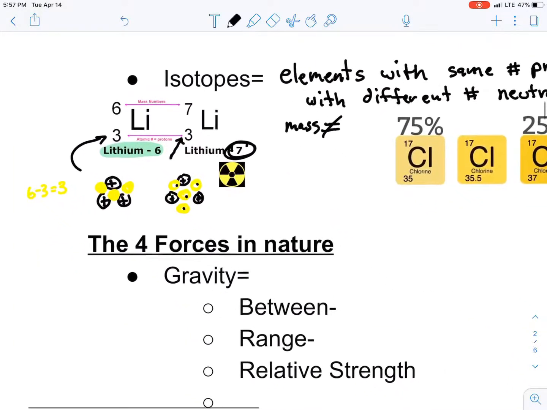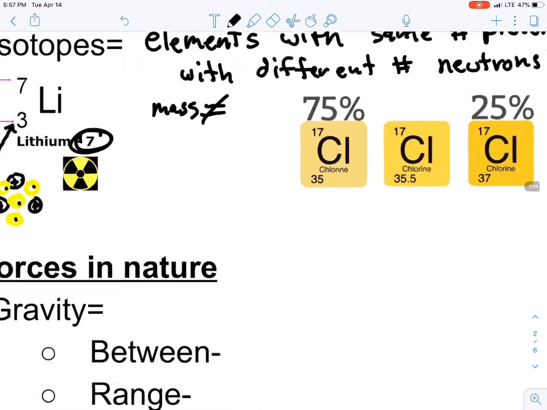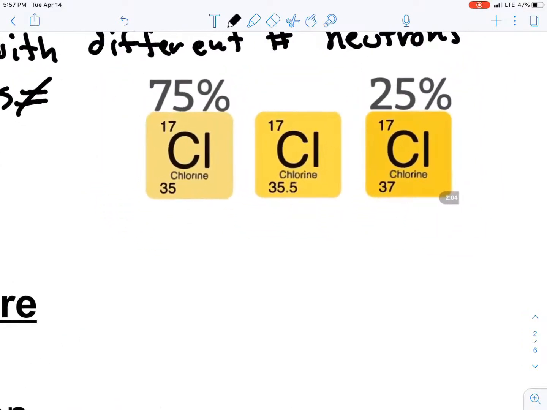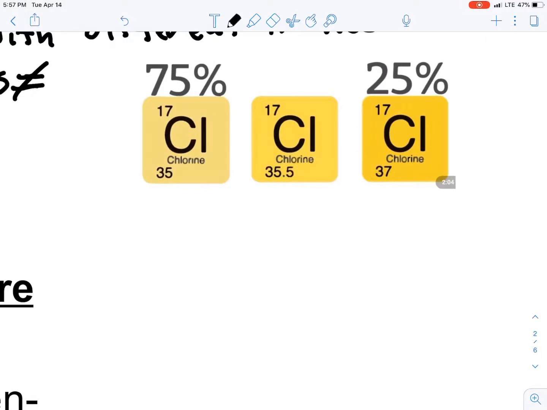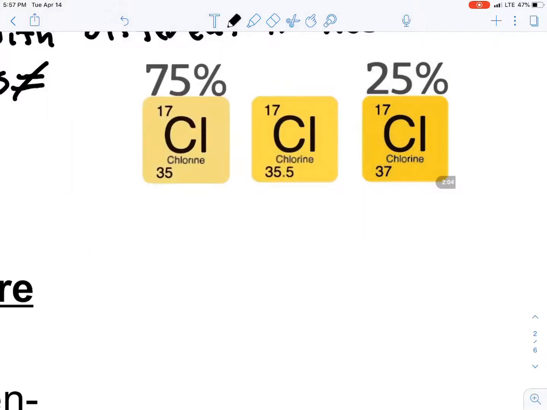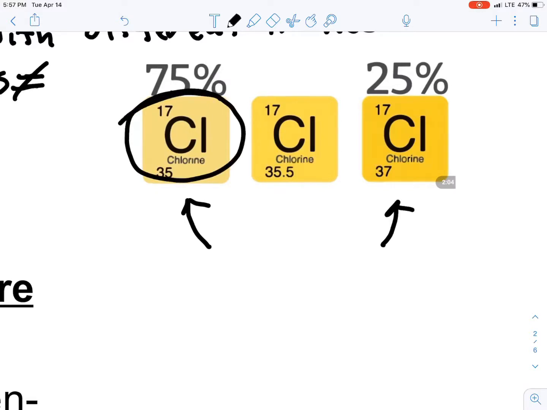Okay, so let's look at another way we have this written. Here, these are some blocks off the periodic table. And this is chlorine. In this case, I have 2 isotopes of chlorine. I know there's 3 chlorines there, but I'm just looking at this. 75% of the chlorine on the earth, right? I can't say about the rest of the universe.